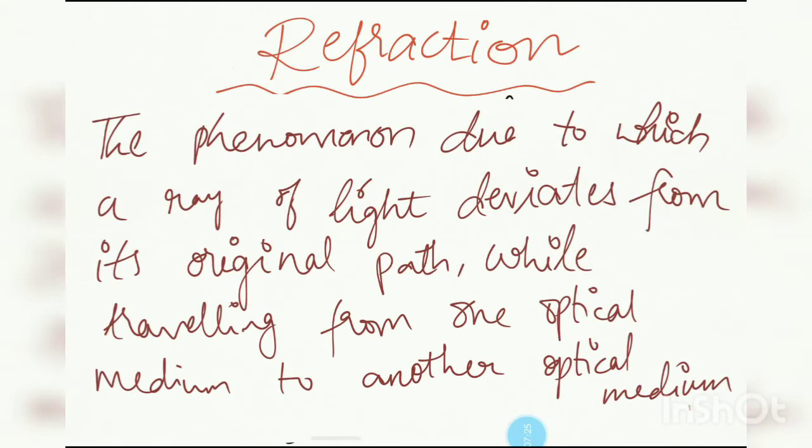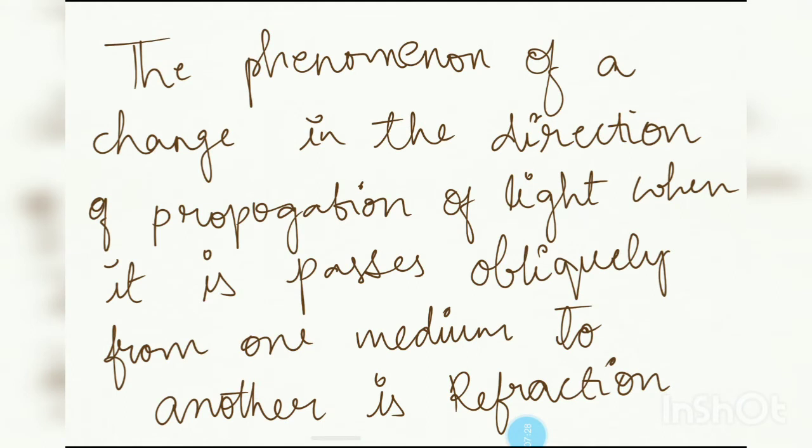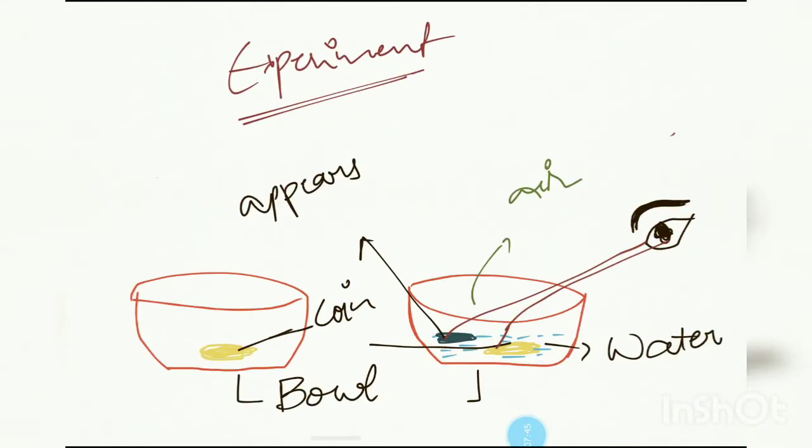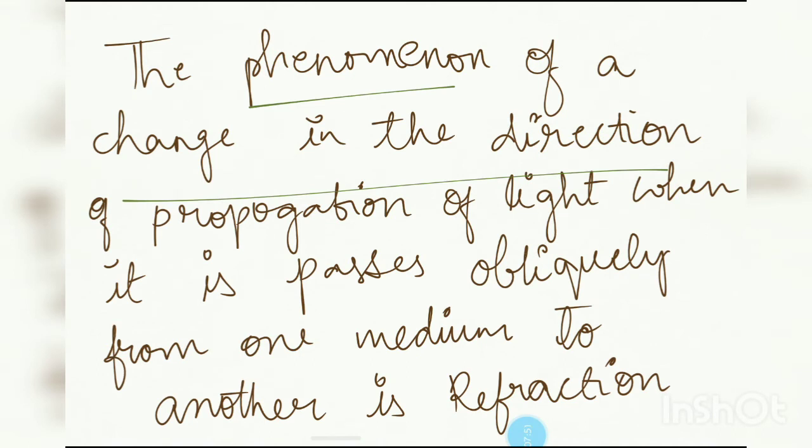Okay, so let me give you one more definition for refraction. The phenomenon of a change in the direction of propagation of light when it passes obliquely from one medium to another is refraction. So here what is happening? See, obviously direction is changing, right? So change in direction of light when it passes obliquely from one medium to another.